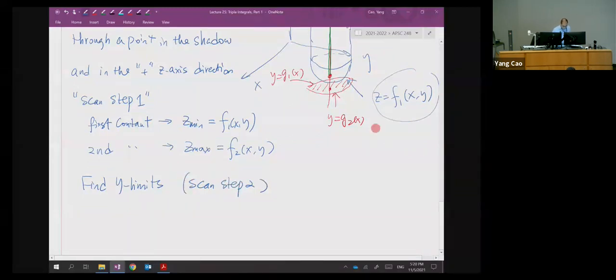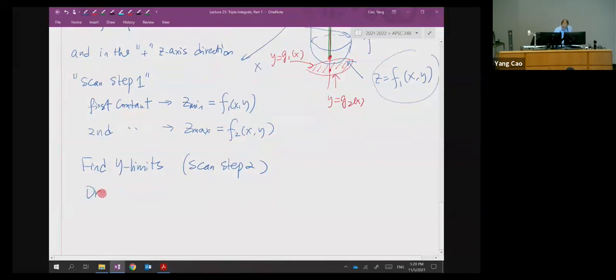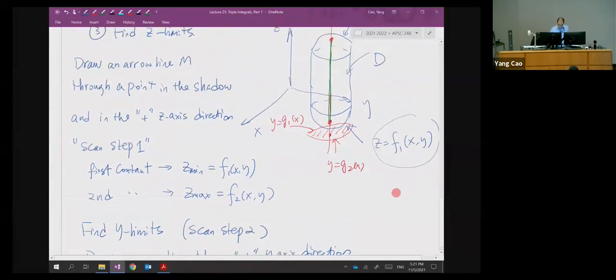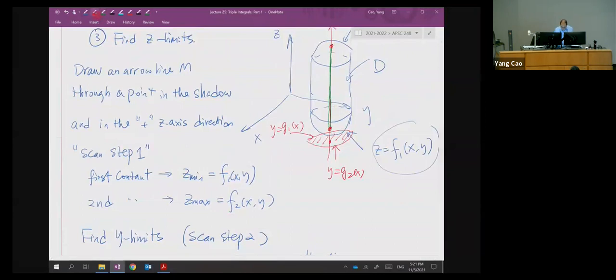For this step, you draw an arrow line, let's call it N, in the positive Y-axis direction. So next you're scanning in the Y-axis direction. Suppose this is the initial point, so you draw an arrow line N in the positive Y-axis direction, parallel.